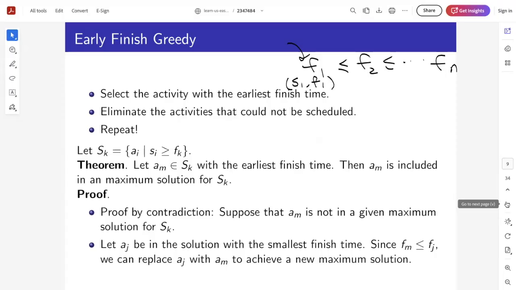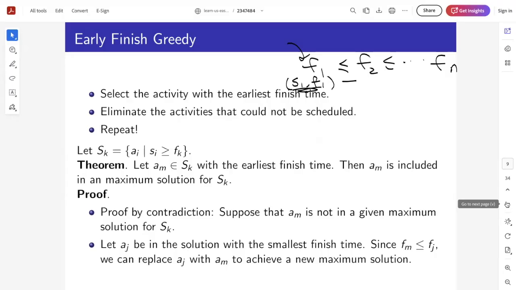Once we pick this, we look at S2. If S2 is less than F1, then A2 cannot be selected. So the one we can select after this is to find the first one whose start time is greater than F1.